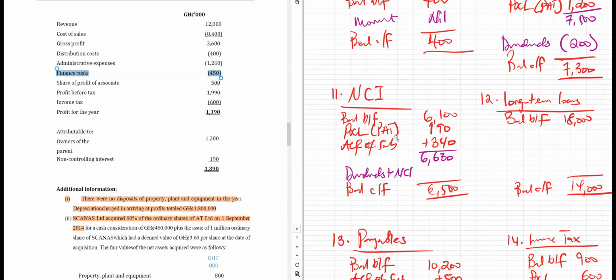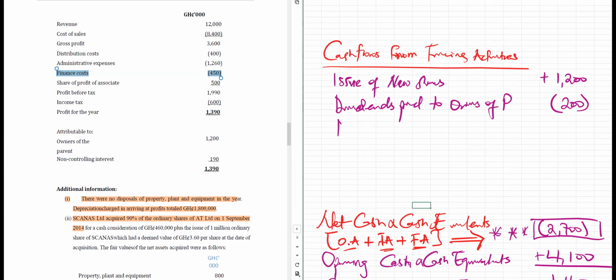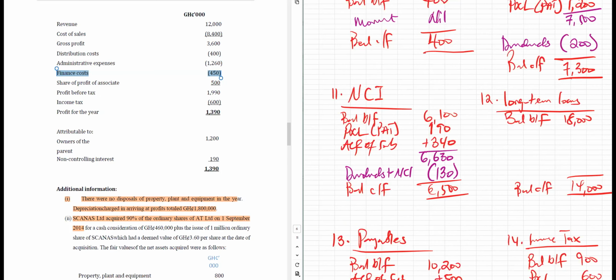So 6,630 minus 6,500. Yeah, I've made a mistake. So we paid dividend of 130 to NCI. So dividends to NCI, 130 outflow from the group.